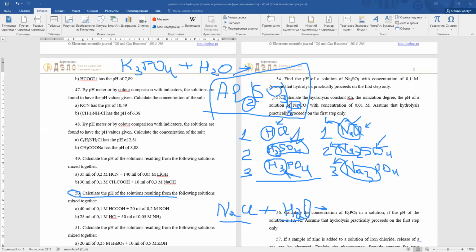Okay. So now you can predict the stepwise character of the salts. And what else? What kind of difficulties do you find for solving these problems?